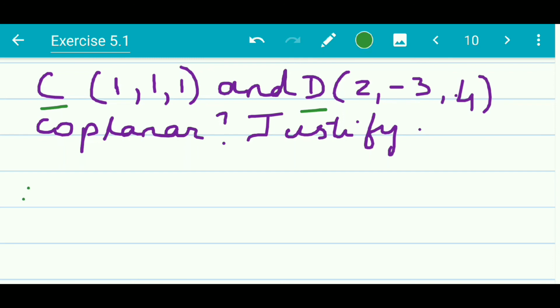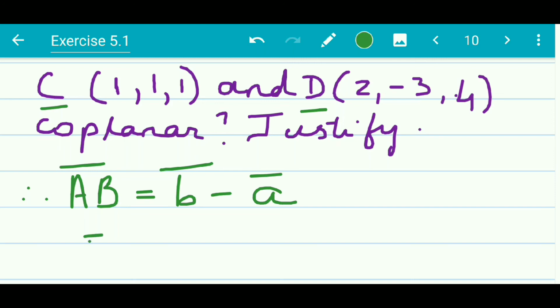Here I am starting with finding AB. So vector AB comes out to be B bar minus A bar, which from here becomes minus i plus j plus k, minus the vector A bar, which is i minus j plus k.